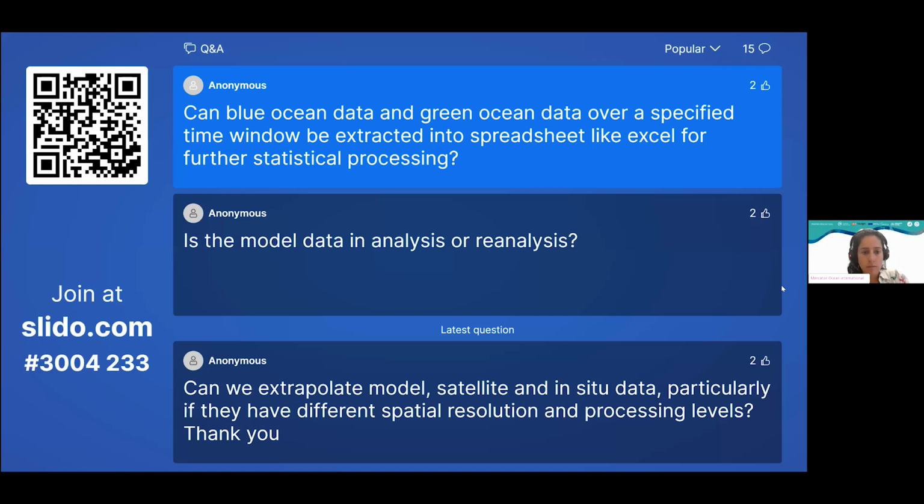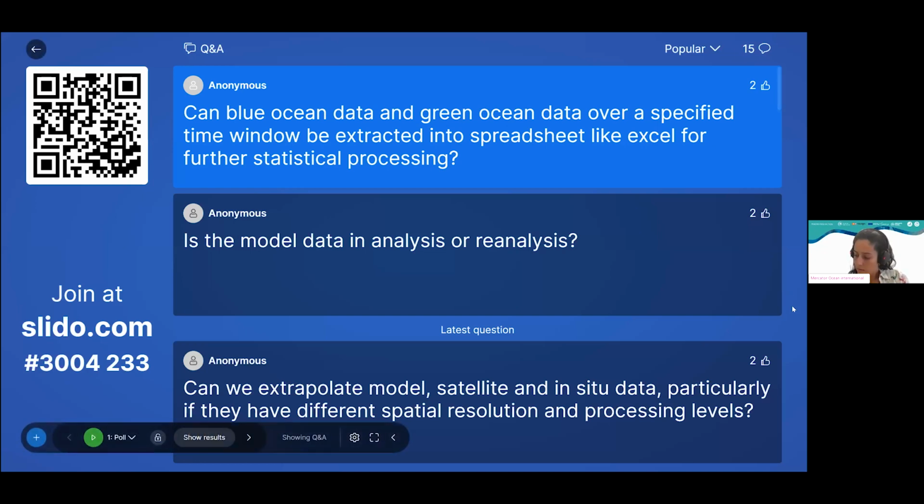So you can export to Excel after using the Panoply software. Thank you. It will be an exercise tomorrow or today. I'm not sure if specifically on a spreadsheet, but for sure how to extract the data, and how to visualize it in Python and QGIS.